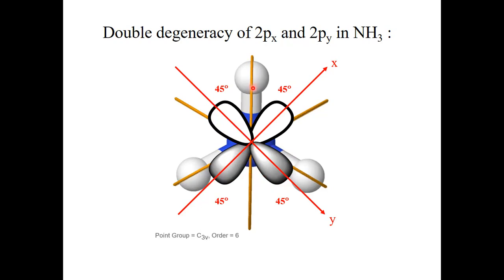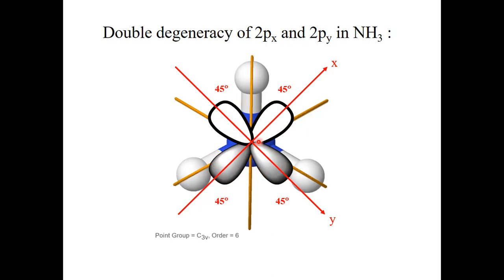Because if we mirror our orbitals at this mirror plane, then this slope here is mirrored into this position. This slope here is mirrored into this position. This slope here is mirrored into that position. And this slope here is mirrored into this position. Okay.